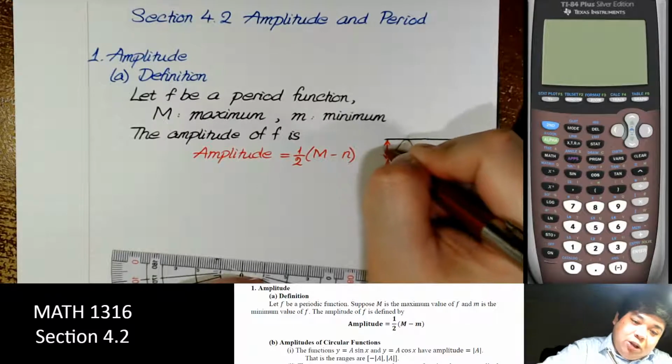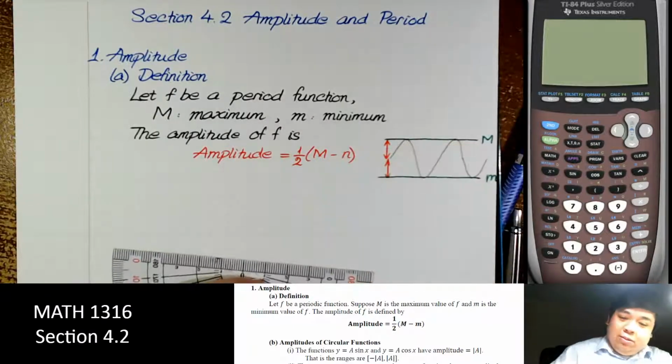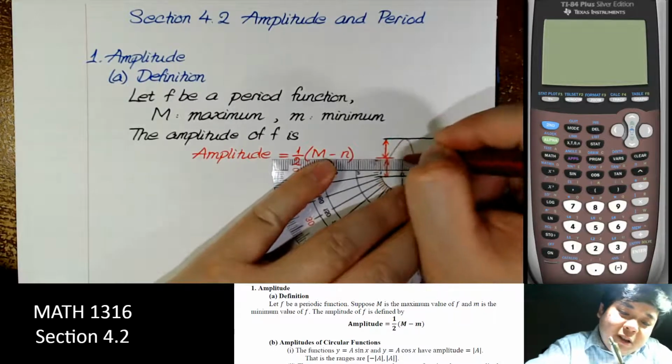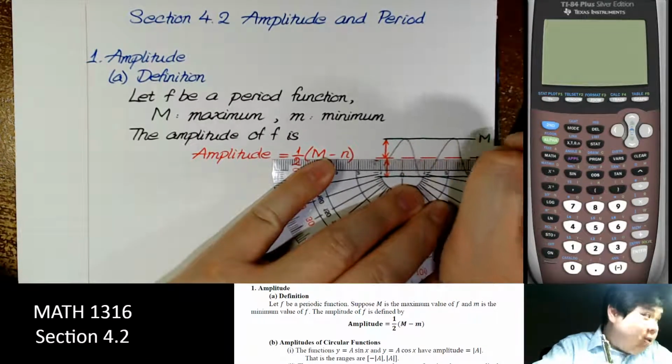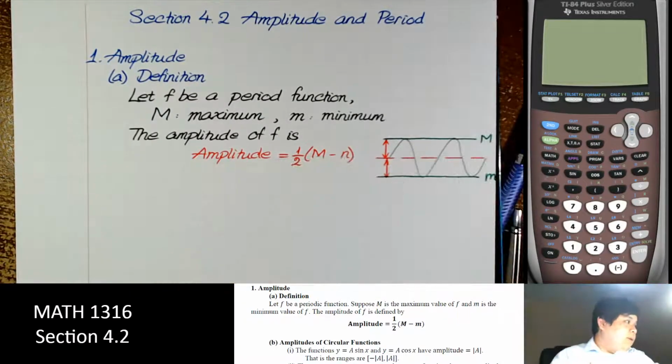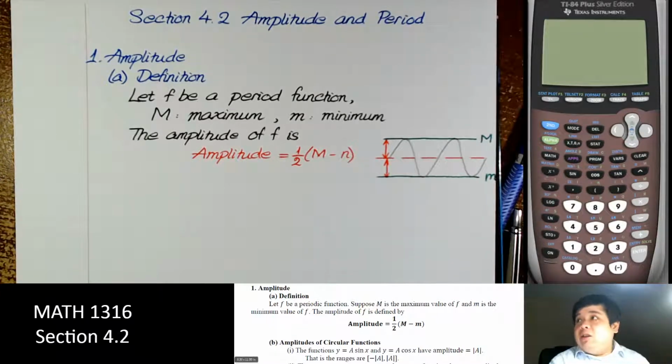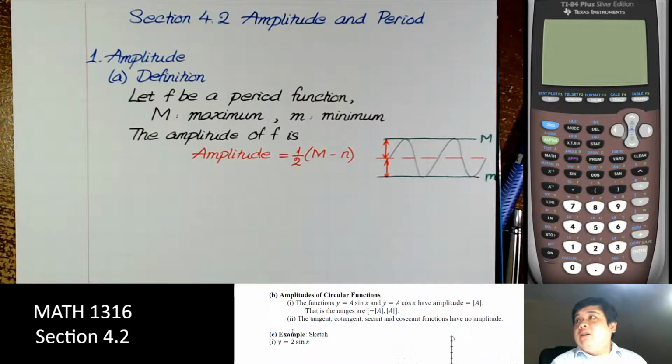This is called the amplitude. So the amplitude is from the middle to the max or from the middle to the min, and that is a distance, so it's going to be positive.